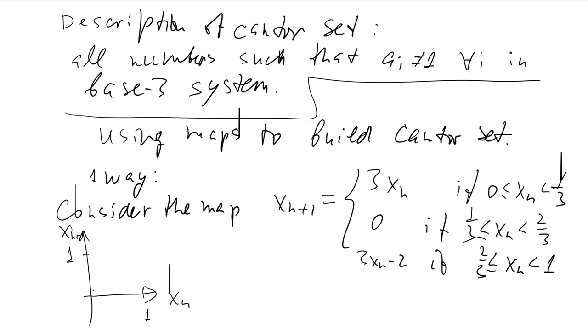So the first branch is stretching 3 times this whole segment from 0 to 1/3. And there is one more branch, which is stretching the segment from 2/3 to 1.